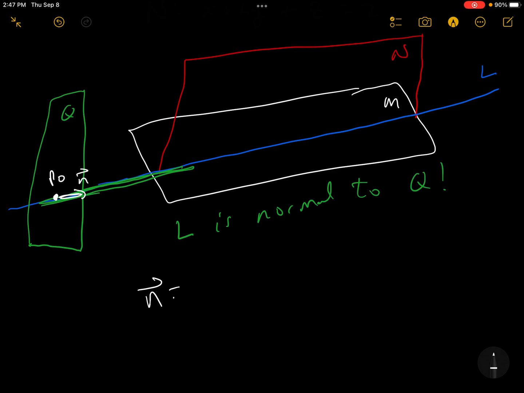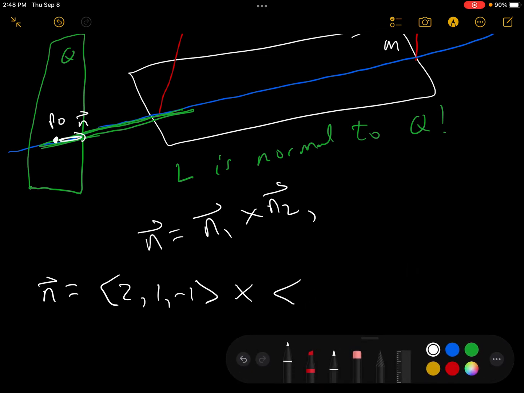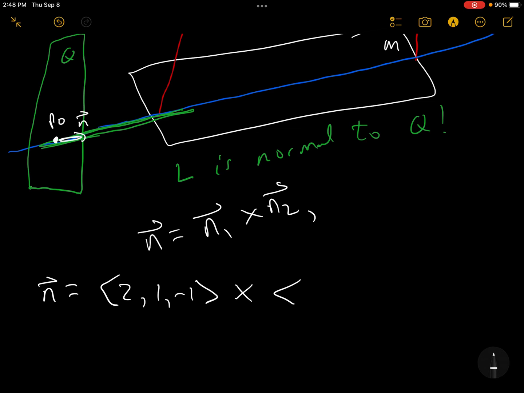So N is going to be N1 cross N2, where N1 and N2 are the normals to the planes M and N. Okay, so N is going to be N1, which is 2, 1, minus 1, crossed with N2, which is 1, 2, 1.